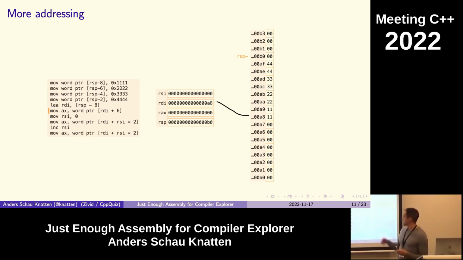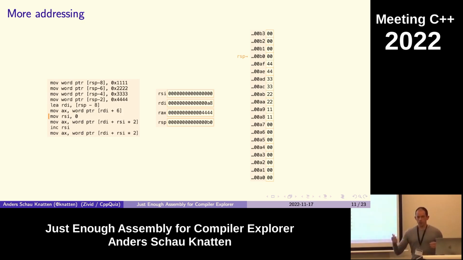I have a pointer to the beginning. I have to add 6 to that address to get to the fourth 2-byte long value. So I do the move thing again, RDI plus 6. That's the pointer to the address, plus 6 bytes to get to the fourth element up here. And I move that into AX, because AX happens to be where I want to have my result for this example.